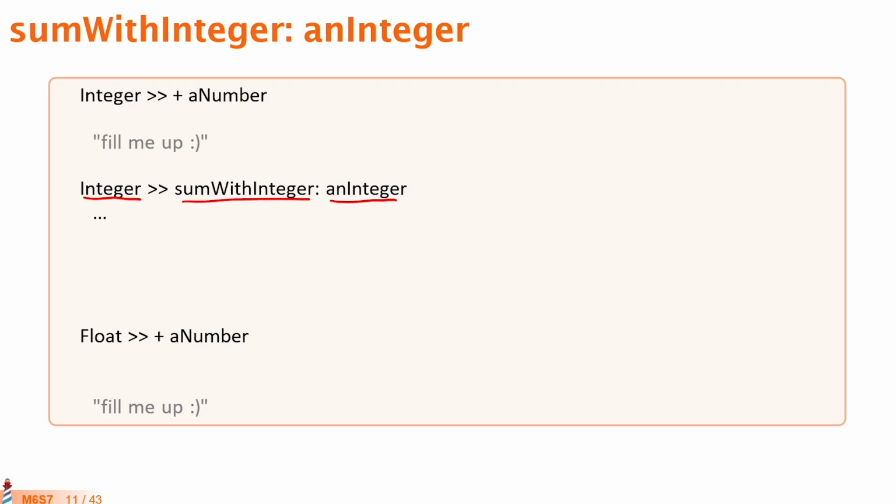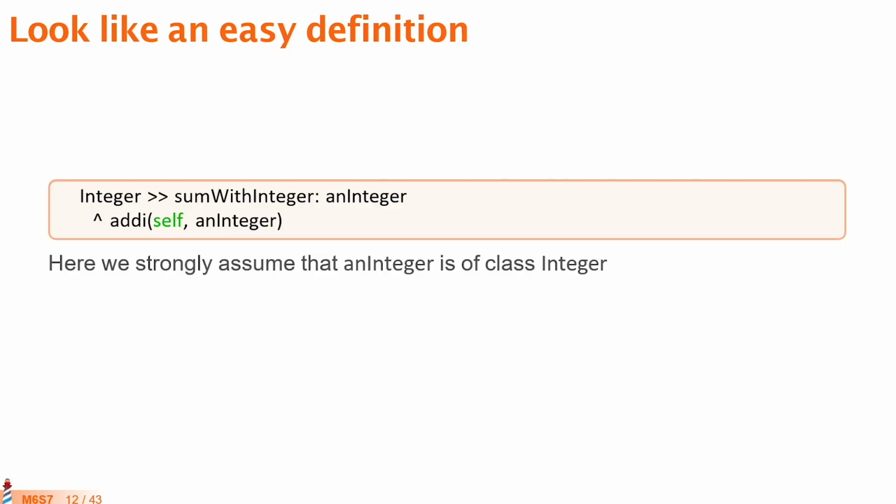When I have an argument that is an integer, I will just call the primitive add I with self and the argument, and I'm done. Here there is a strong assumption that the argument is really an instance of the class Integer.